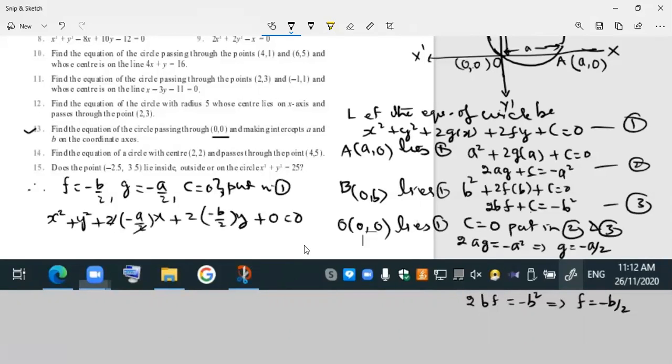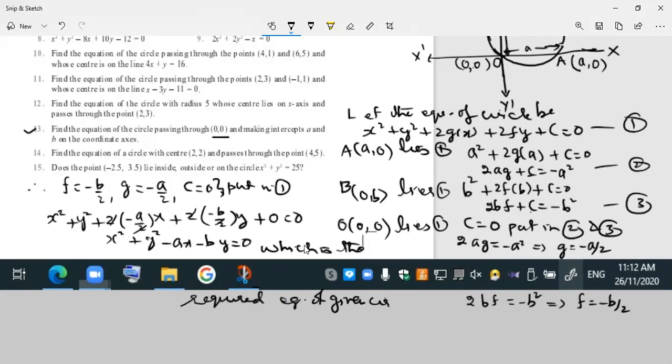This 2 and 2 will cancel. We get the equation x square plus y square minus ax minus by is equal to 0, which is the required equation of the given circle.